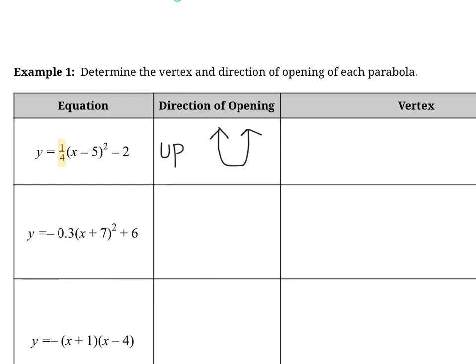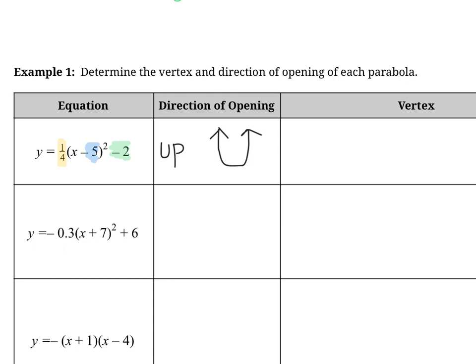In order to identify our vertex, we need to specifically pay attention to our H and K values. So our H value is the value located inside the bracket, and our K value is the value located outside of the bracket.